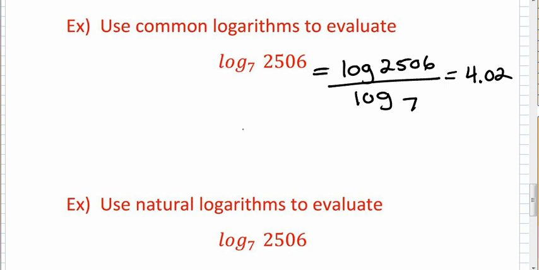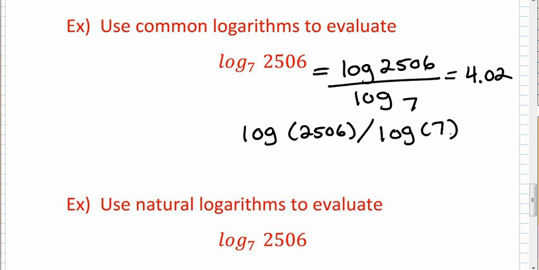When I type it in my calculator, make sure this is how you type it, with the parentheses and everything. Divided by log 7, like that. If you type it in exactly like that, you will get the answer 4.02. And basically what that's saying is 7 to the 4.02 power is equal to 2506.